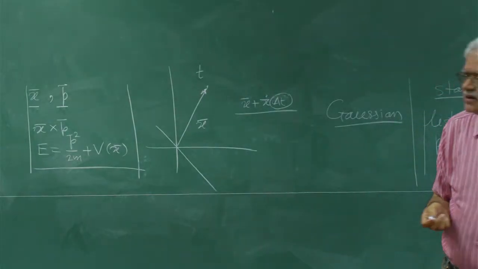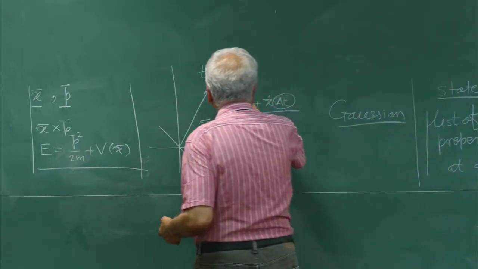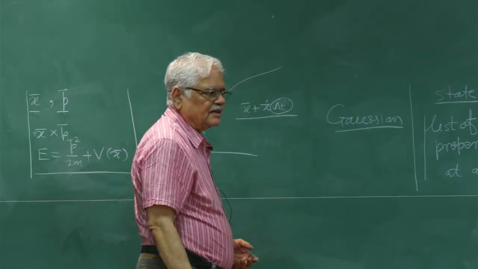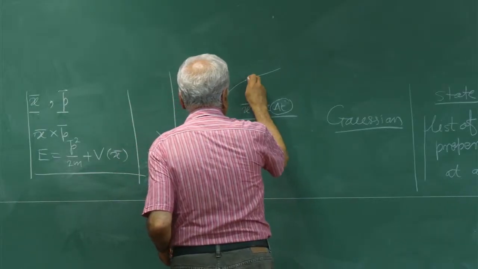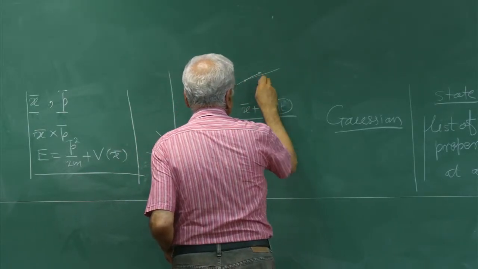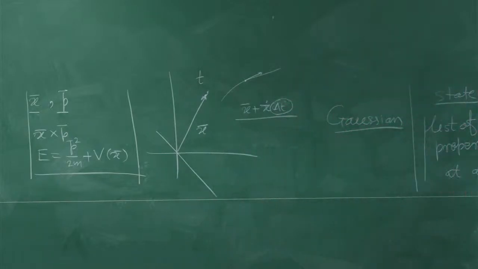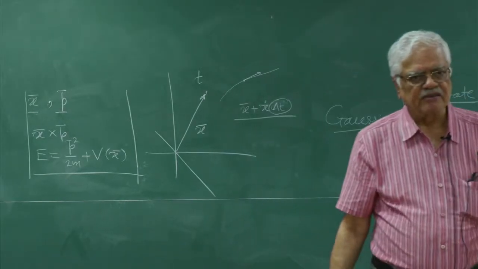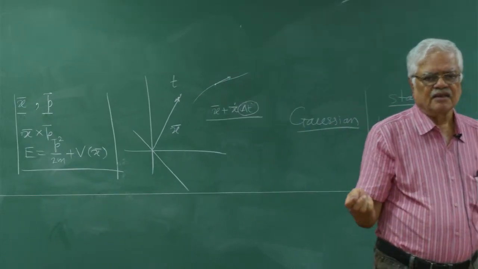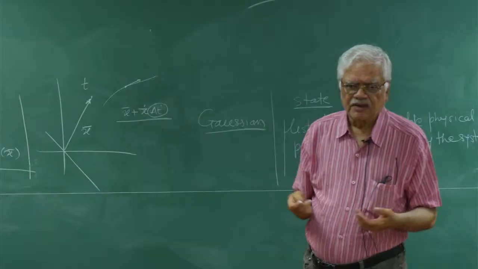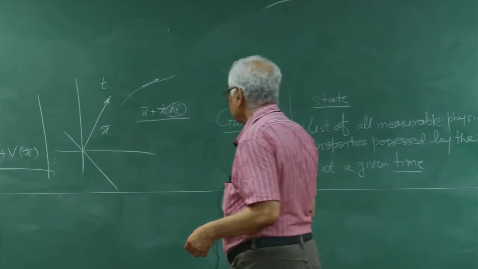That just means that the particle is moving on a continuous path, and at any point the velocity vector or the momentum vector, as was pointed out in the previous lecture, is tangent to that particular path.